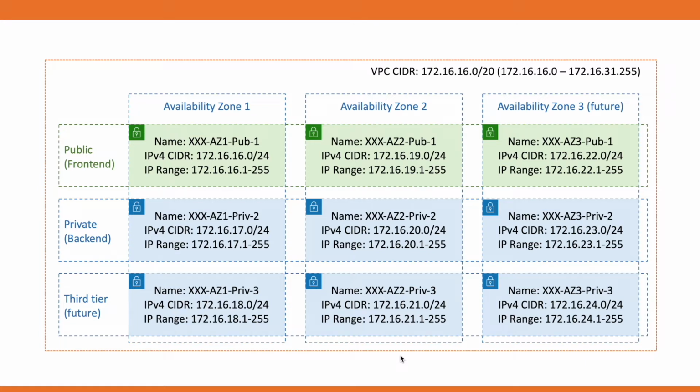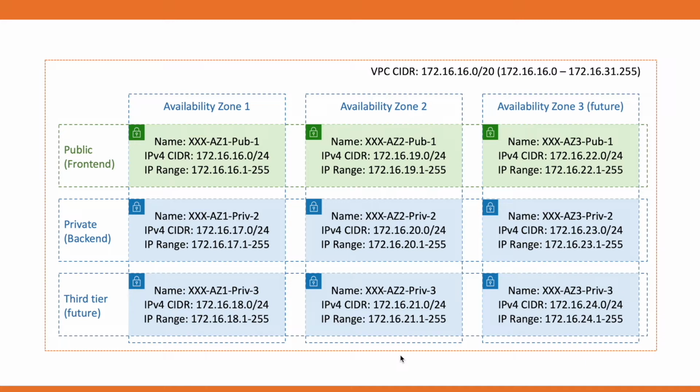It is always good practice to keep some reserved resources for future expansion, so we will keep an additional subnet for the availability zone and another tier. In total, we are going to have 9 subnets, 3 subnets in each availability zone: one for the public-facing front-end application, the private subnet for the back-end application and database, and the third one is reserved for future use.